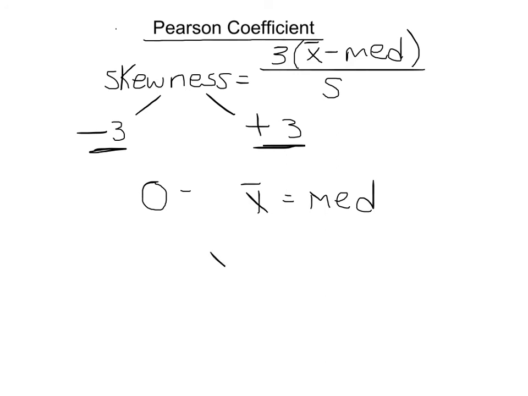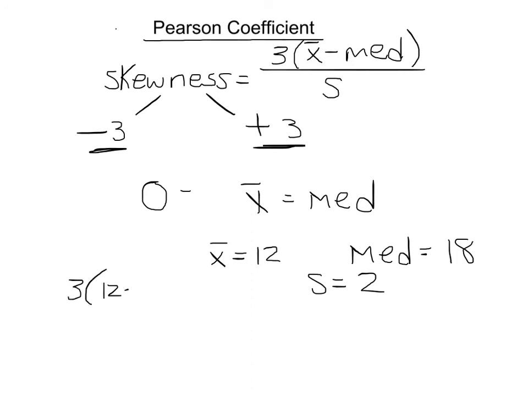So if you have a data set that has an x bar of, for example, 12, a median of, we'll say, 18, and a standard deviation of 2, well, my Pearson coefficient says 3 times 12 minus 18, divided by 2.